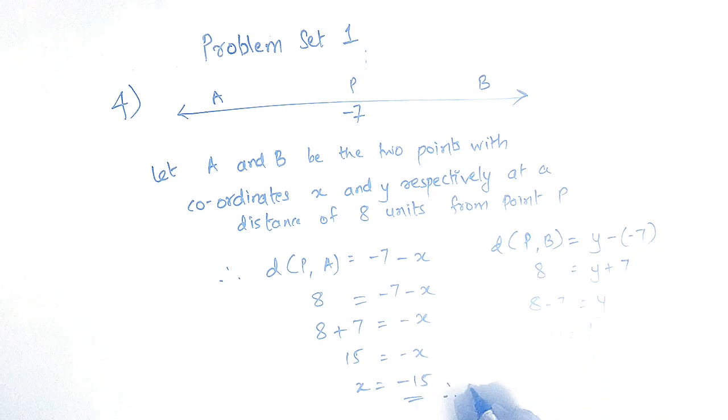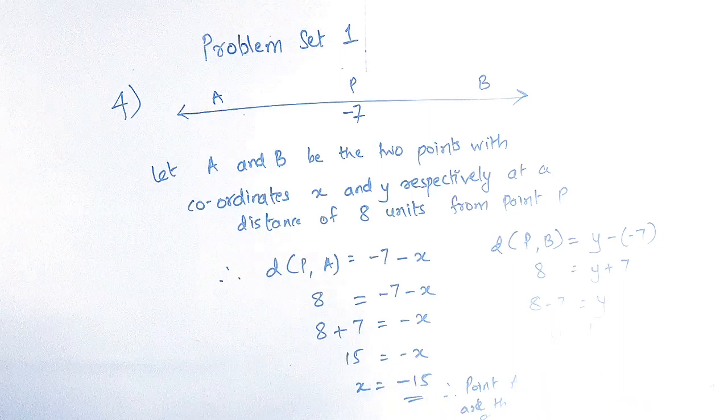Okay, therefore point A having coordinate -15, and B having coordinate 1, are the 2 points at a distance of 8 units from point P.